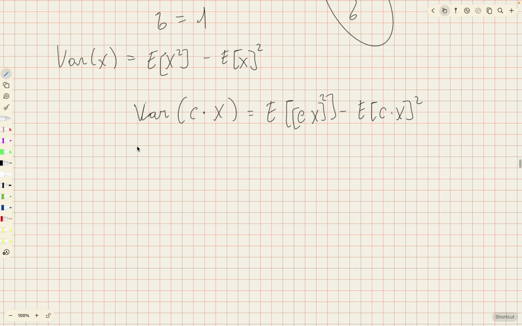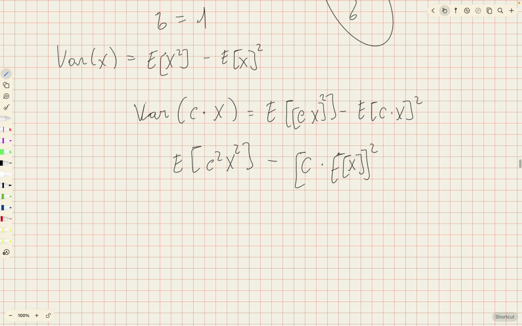And after doing this operation, we can write it as the expected value of c squared x squared, minus c times the expected value of x, all squared. We can do it, right?